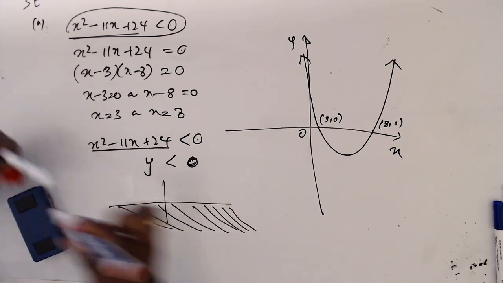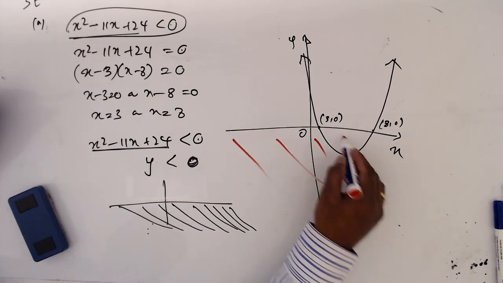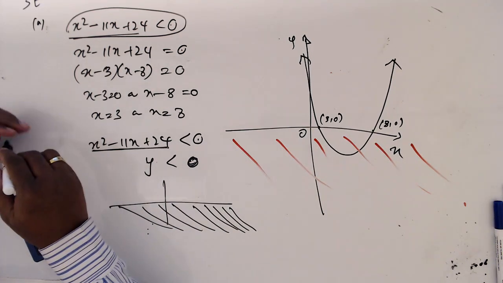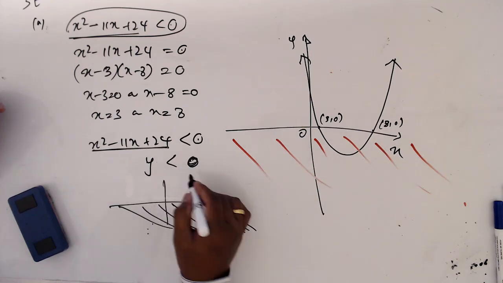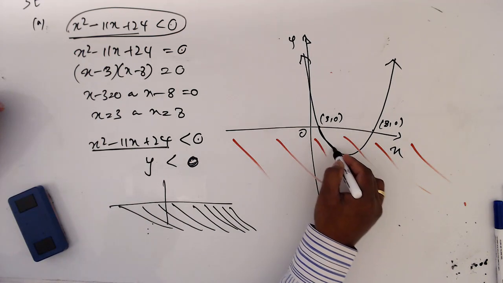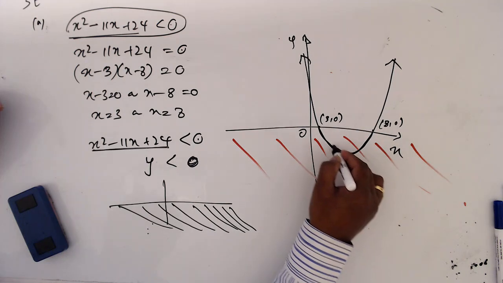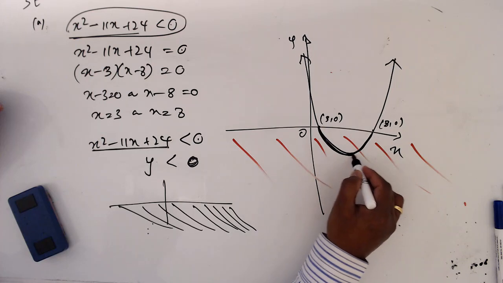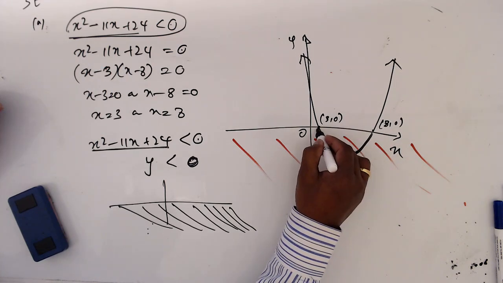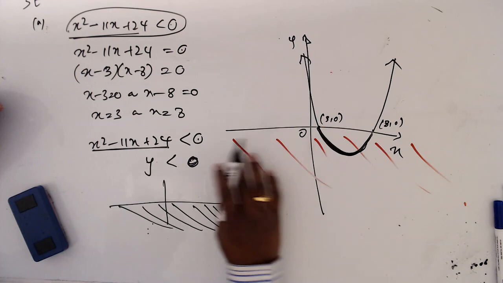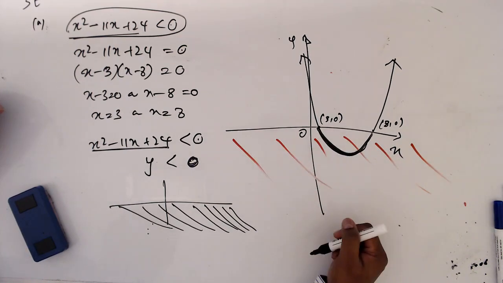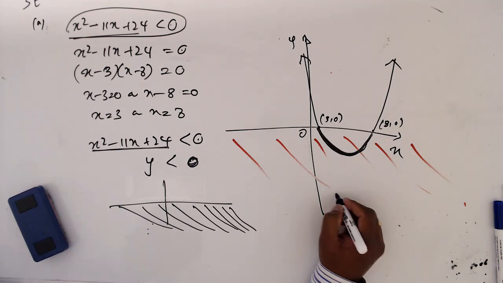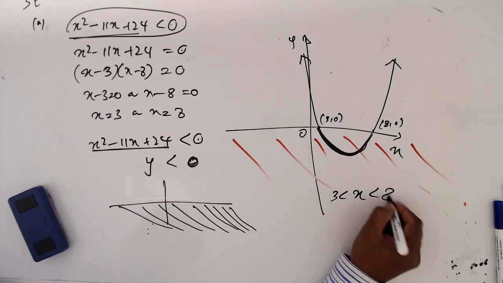So this is the area of the graph where y is less than 0. Hence the answer is 3 less than x less than 8.